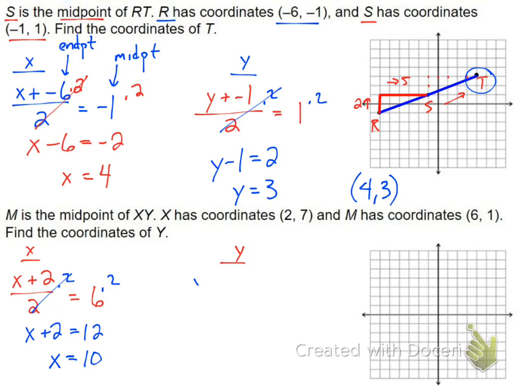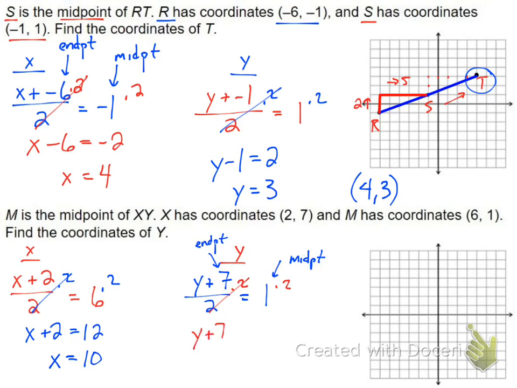And then for my y, same thing. y plus the y coordinate of my endpoint, which is 7, divided by 2 is equal to the y coordinate of my midpoint, which is 1. Remember, this is my midpoint, this is my endpoint. So when I do that, again, I'm going to multiply both sides by 2.